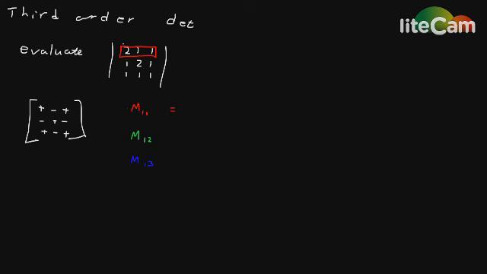So that is equal to the determinant of, delete that row, and it leaves behind this matrix here, which is 2, 1, 1, 1, 2, 1, 1, 1. So we're going to take the determinant of that matrix.